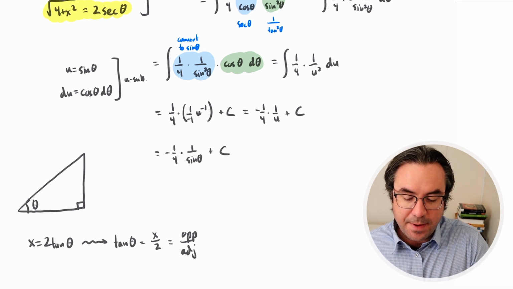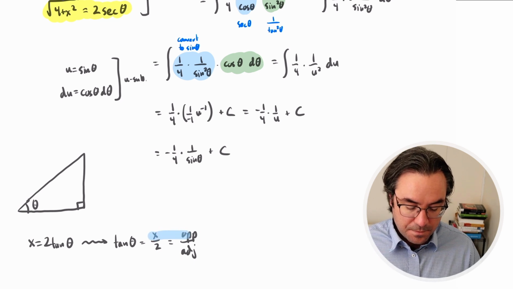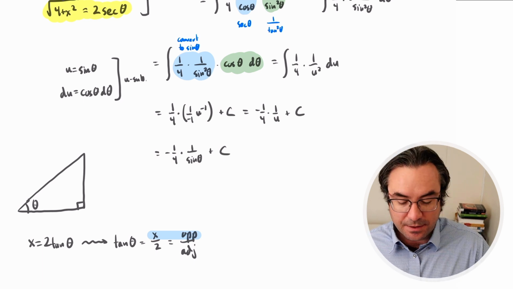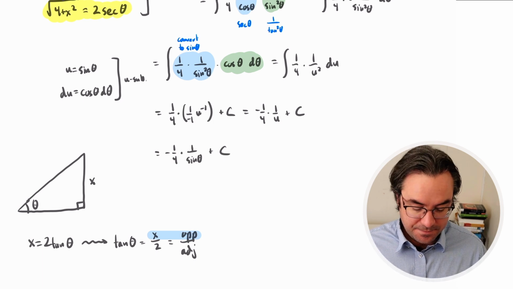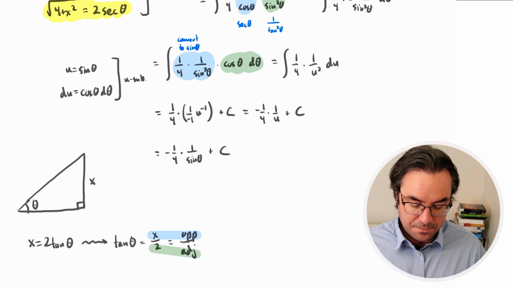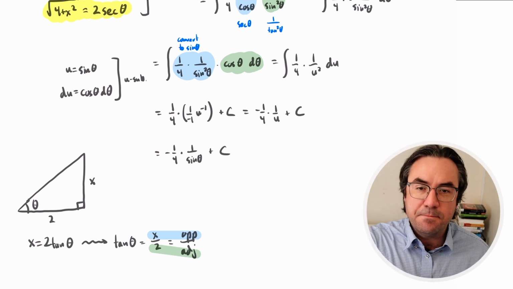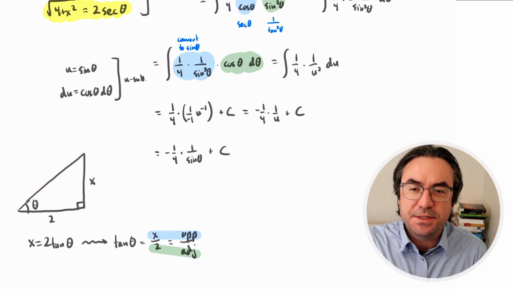If we match up our two fractions here, we see that the opposite side has length x, so we can label that, and the adjacent side has length 2. Well, then what's the length of the missing side?